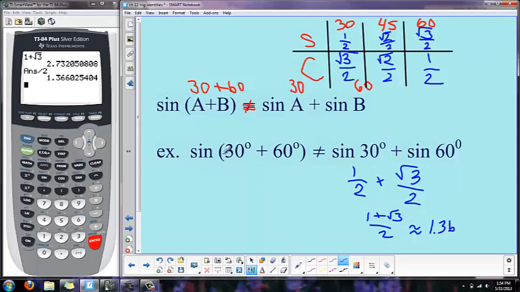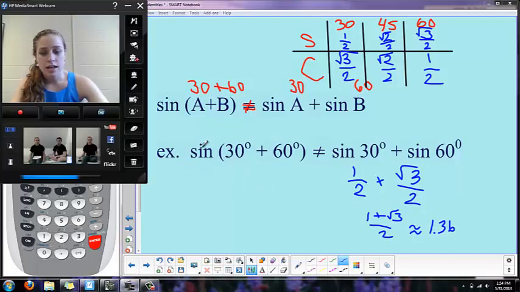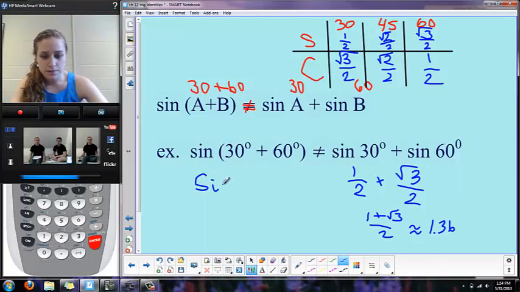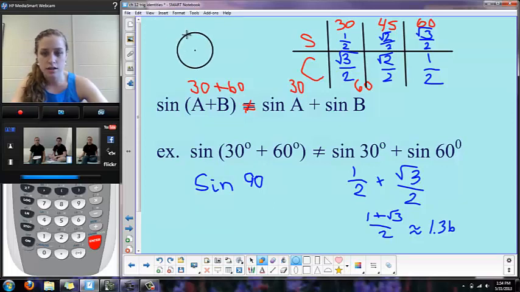Okay, over here on the left-hand side, sine of 30 plus 60, so the sine of 90 degrees. What's the sine of 90 degrees? We figured that out by taking a look at our unit circle. 90 degrees is up here.